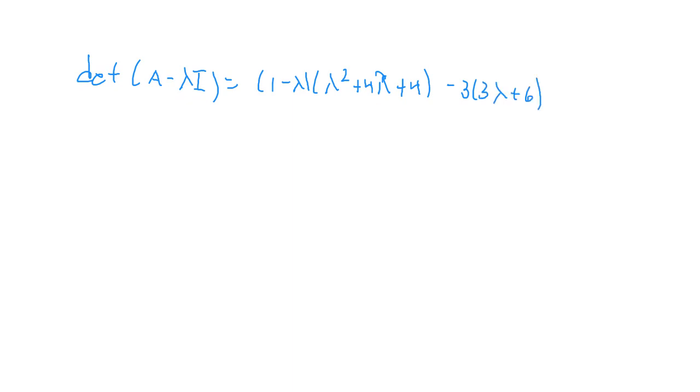Okay, so we have the determinant of A minus lambda I equals 1 minus lambda times lambda squared plus 4 lambda plus 4, minus 3 times 3 lambda plus 6, plus 3 times 3 lambda plus 6.